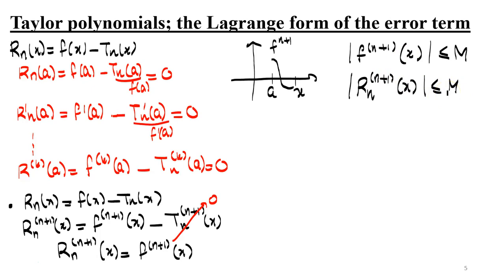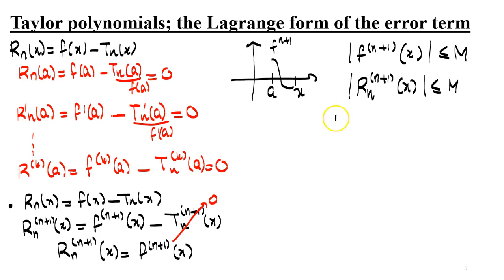So over here, having the absolute value of the derivative of order n plus 1 of R of x smaller than M, in this case we could integrate both sides between a and x.